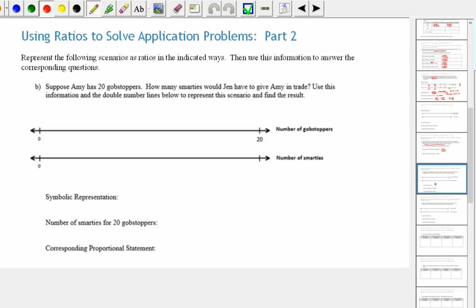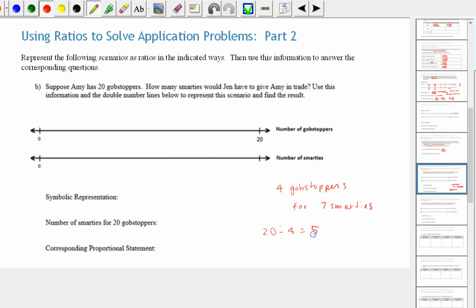And then we need to figure out if Amy has 20 Gobstoppers, how many Smarties would Jen give to her? So the relationship from the previous slide was 4 Gobstoppers for 7 Smarties. So we can think of breaking these Gobstoppers into groups of 4. So we divide the 20 by 4.